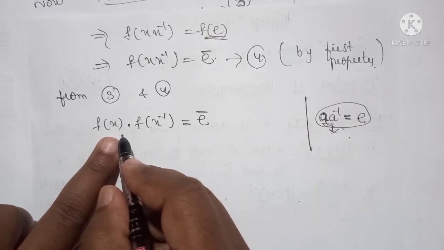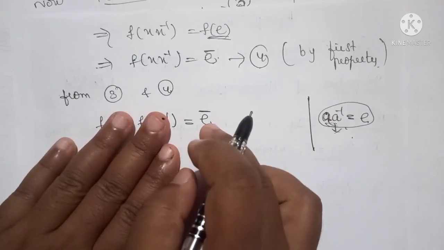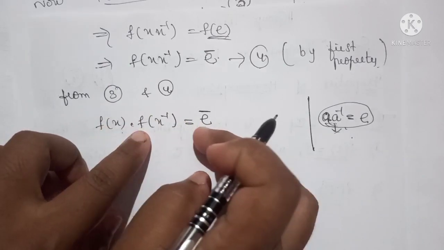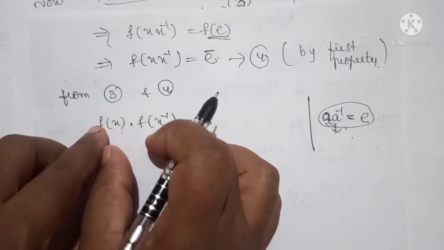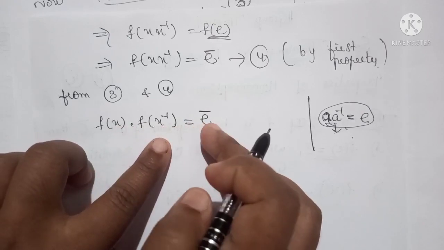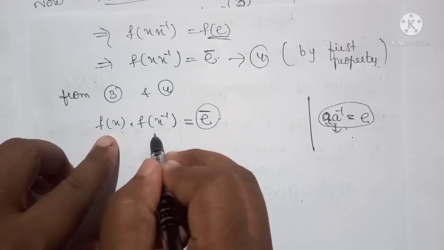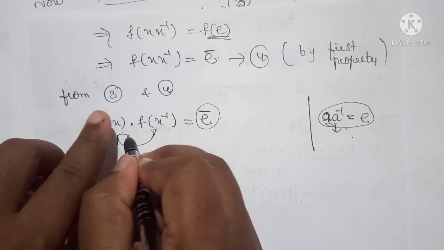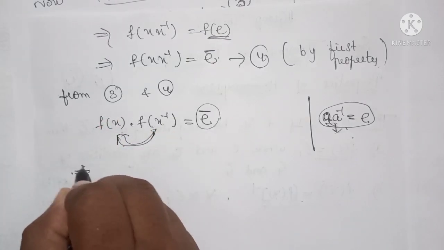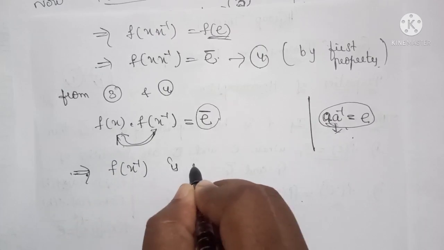Here also we are getting the same: f of x into f of x inverse equals E bar. So this means that f of x inverse is the inverse of f of x.